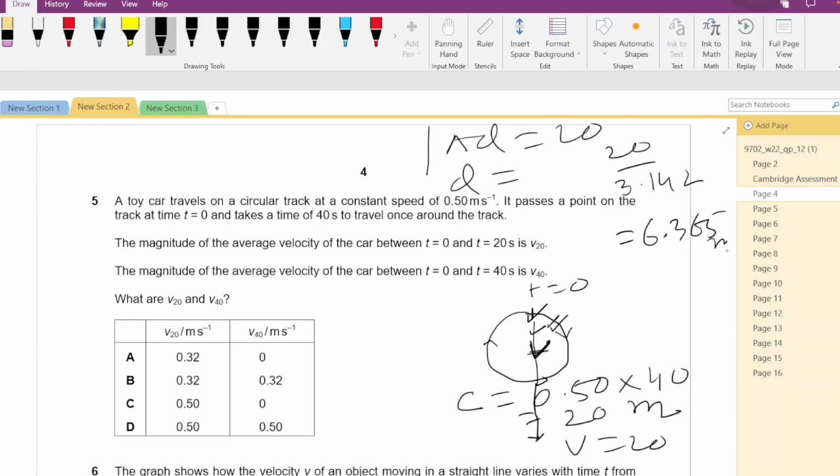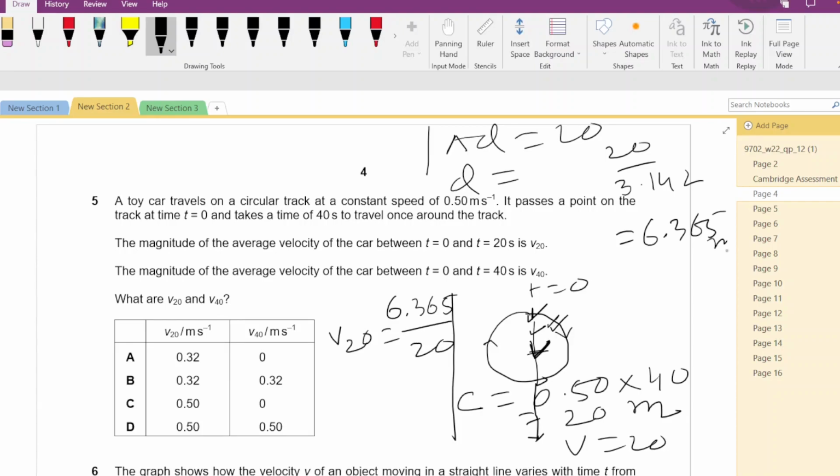This is a straight line, the direction of the displacement. The velocity v20 is displacement over time, 6.365 divided by 20.